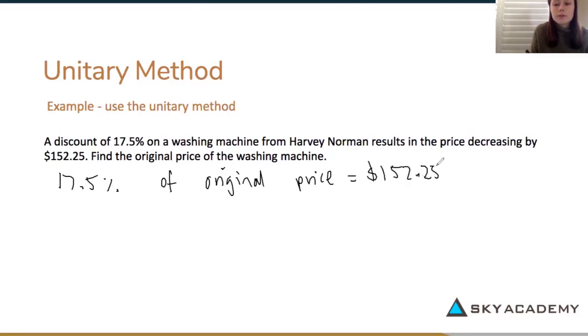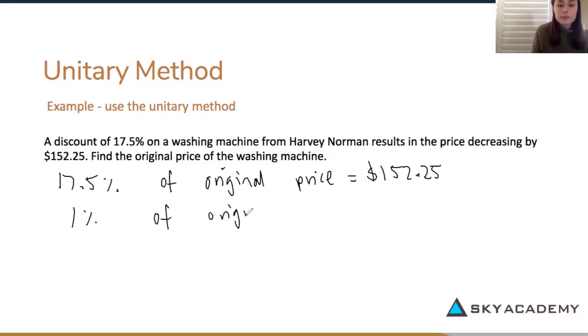A discount of 17.5% results in the price decreasing by $152.25.